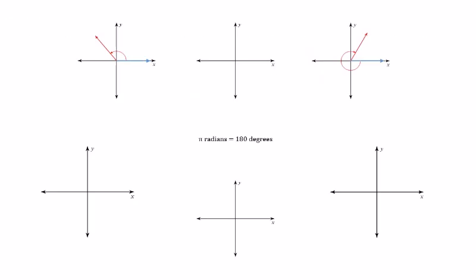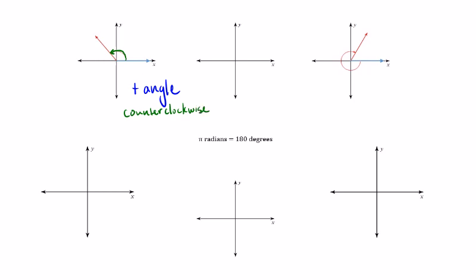So first of all, when you have a positive angle, like this one here, positive angle means that your rotation is going to go counterclockwise. So it's maybe a little counterintuitive.